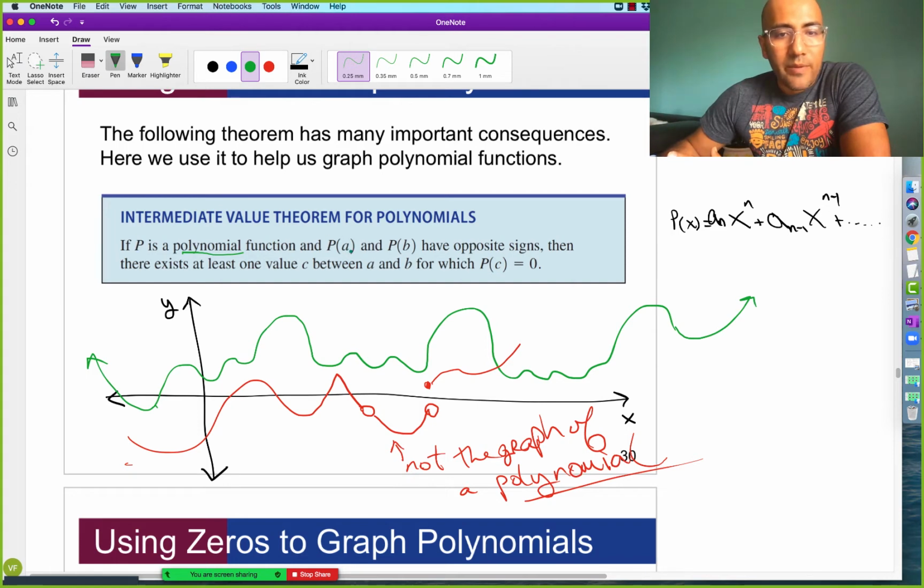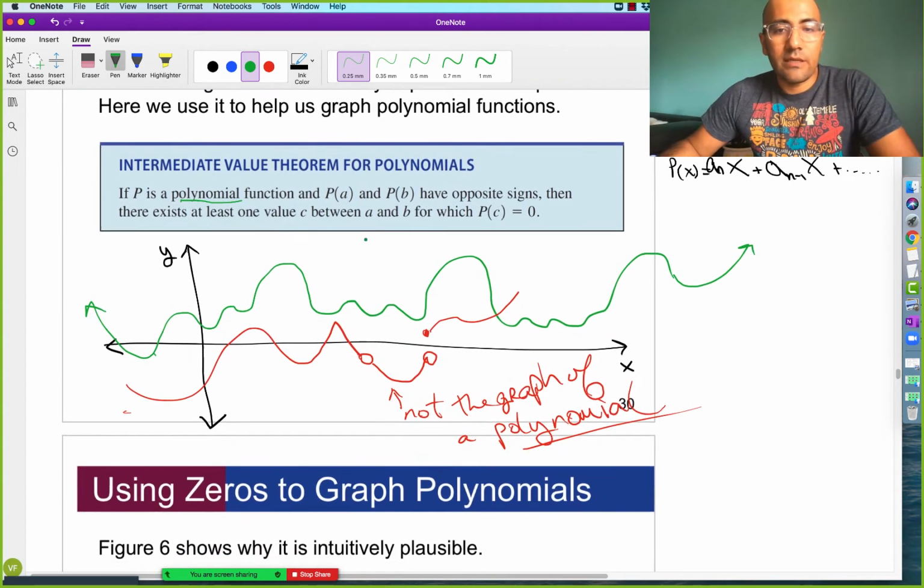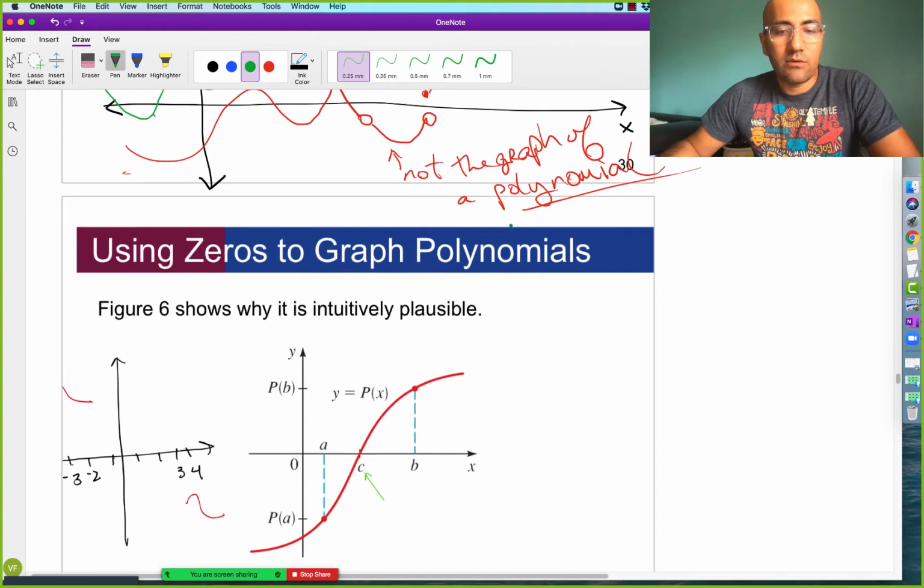So remember, P of A is an output value, P of B is an output value of our polynomial. So there exists a point where the function is positive and another point where it's negative, or the other way around, right? We don't know which is which, it doesn't matter. One of them is positive, the other one is negative, right? So this statement says that there must be at least one value C between A and B such that P of C equals 0.